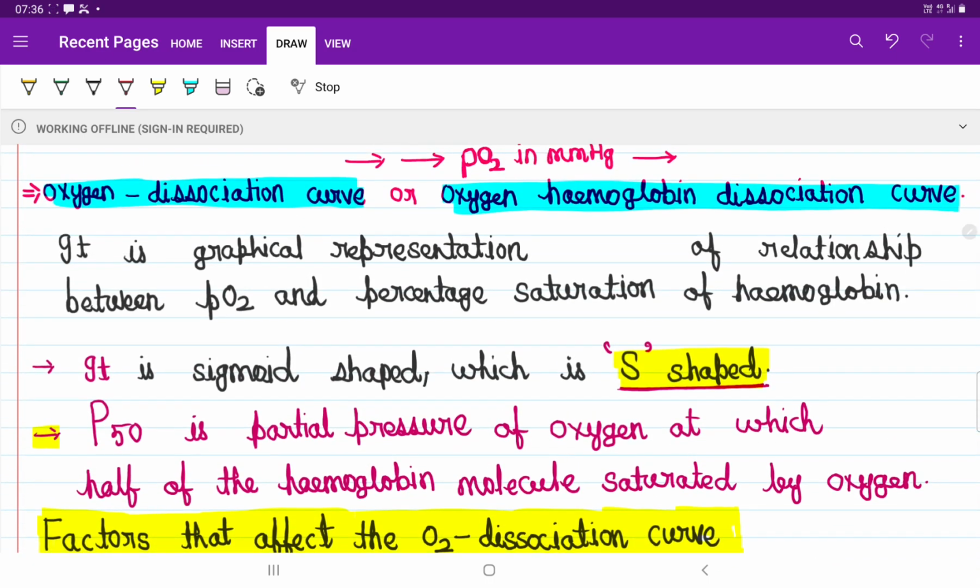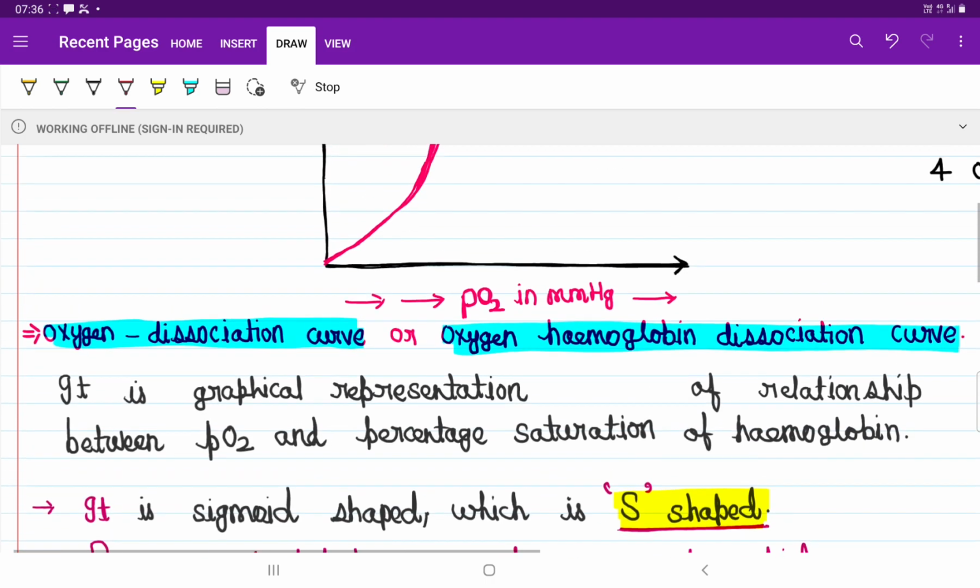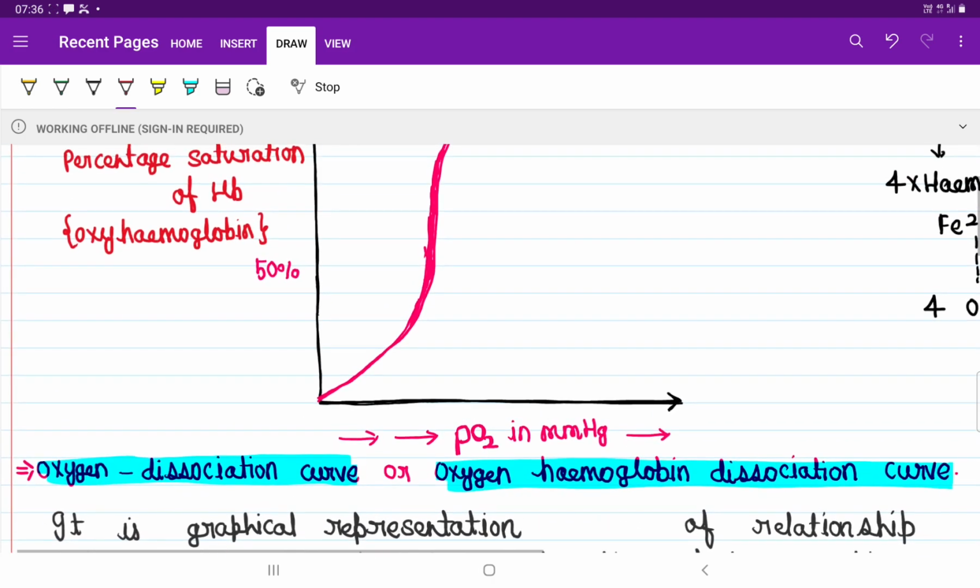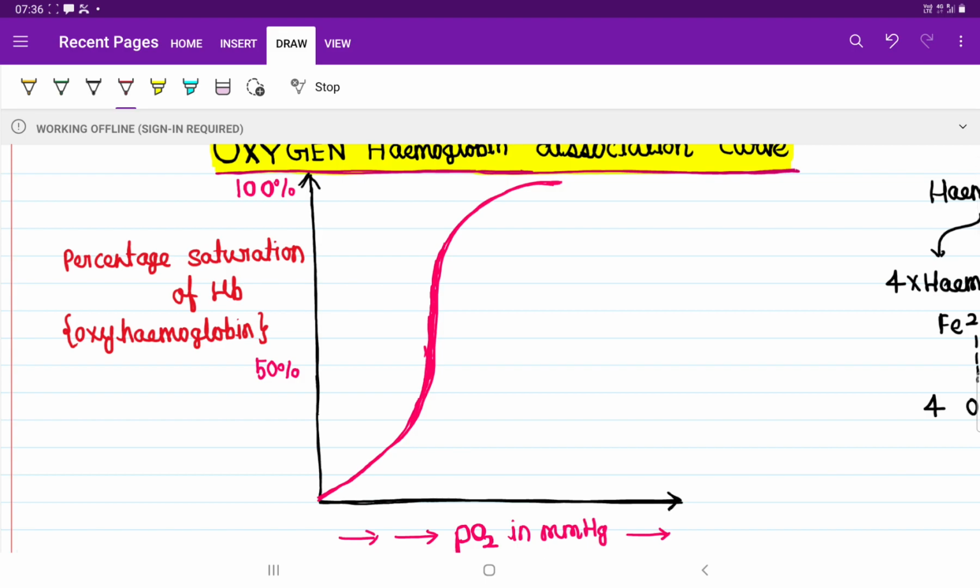Okay students, when scientists studied it, on one axis they took partial pressure of oxygen and on the other axis percentage saturation of hemoglobin, and they observed an S shape, a sigmoid curve.